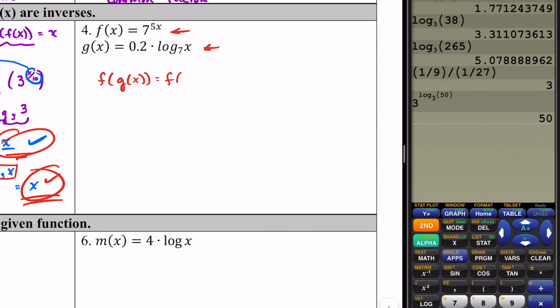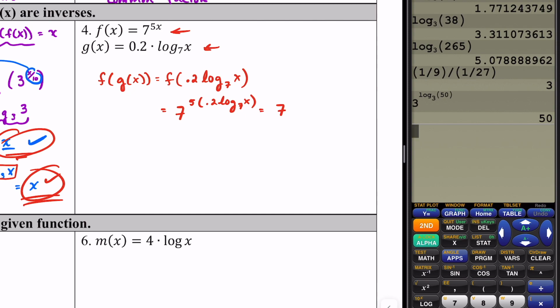So f of g of x, where g of x is 0.2 times log base 7 of x, is 7 raised to the 5 times 0.2 log base 7 of x. I can multiply the 5 times the 0.2. 5 times 2 is 10, move your decimal one place, and you get 1.